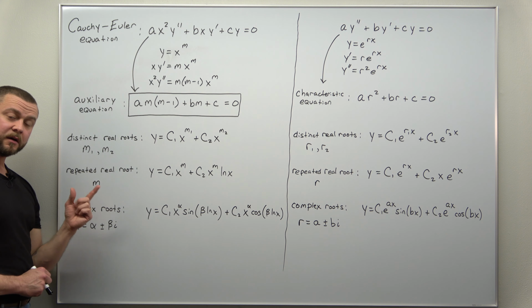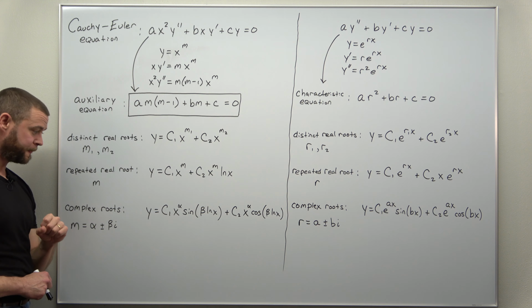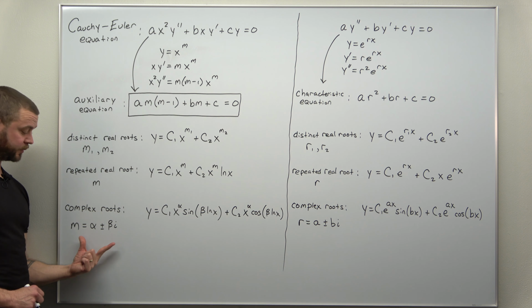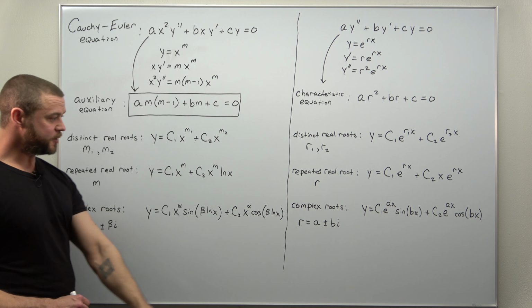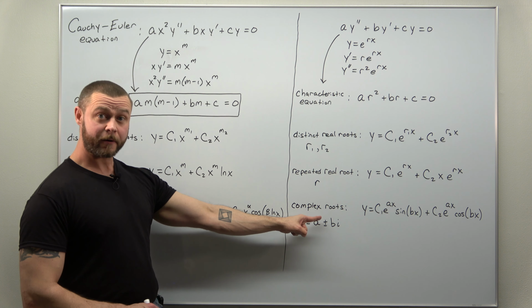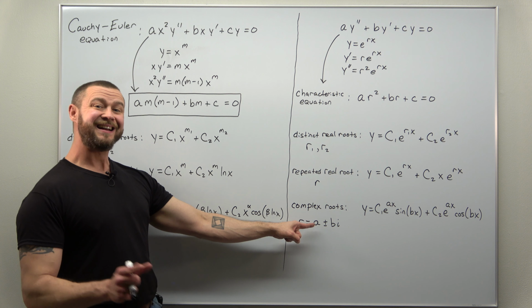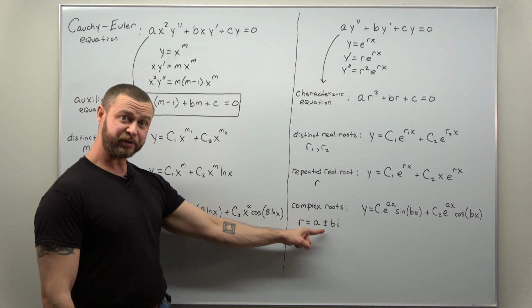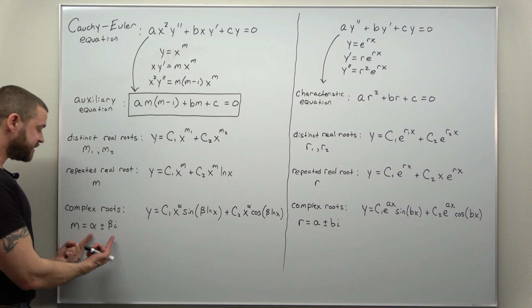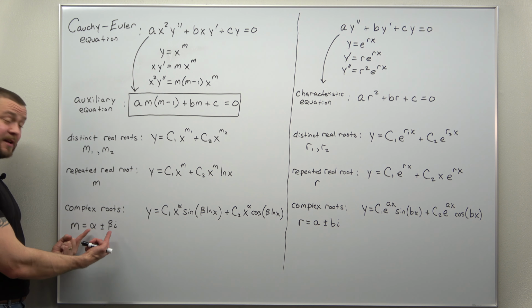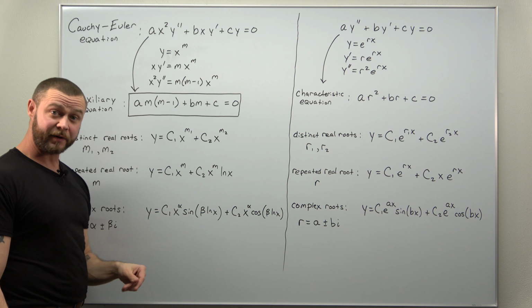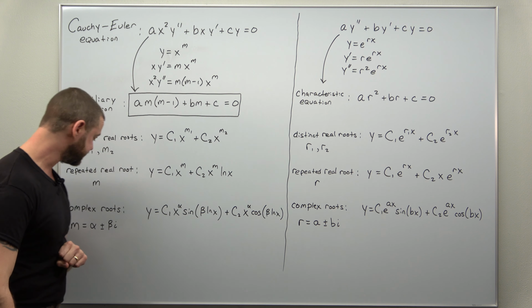And then the most complicated of all is the case for complex roots for m. Now, just to not confuse the solution, previously we denoted the complex characteristic roots in the form a plus or minus bi. I like to change them from a and b to alpha and beta, so that my students don't get confused with the two different complex solution cases.